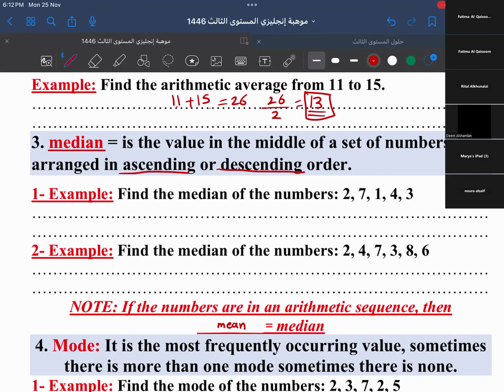Okay, so here we want to find the median of the numbers 2, 7, 1, 4, and 3. Anyone has an idea? How do we do this question? How can we find the median here? Amira?